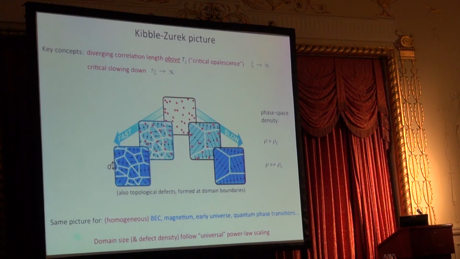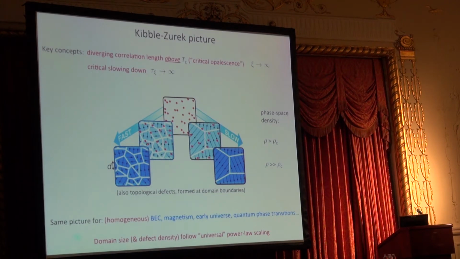But in a different case, it can be the direction in which the magnetization points, or it can be the large-scale structures that we have in the universe, which have more or less matter or antimatter and things like that. In fact, historically, the whole theory was introduced for the first time in order to explain the large scales in the universe. And the faster you go through the transition, the smaller these domains are going to be.